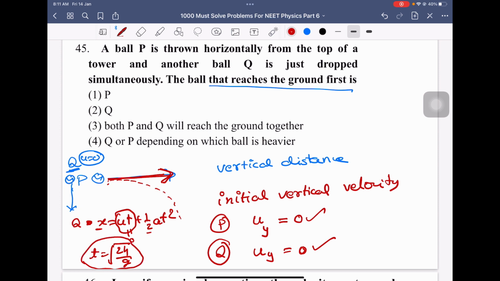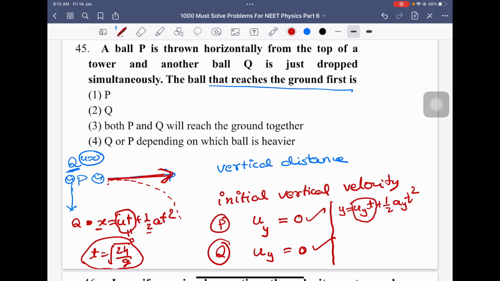What about ball P? Again, I will use the equation y is equal to u_y into t plus half a_y into t square, because I am concerned about vertical displacement. So u_y is 0 for ball Q also.